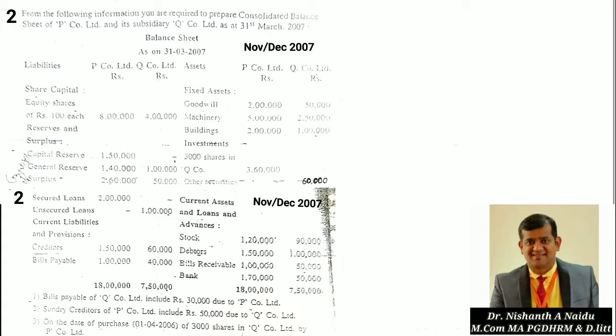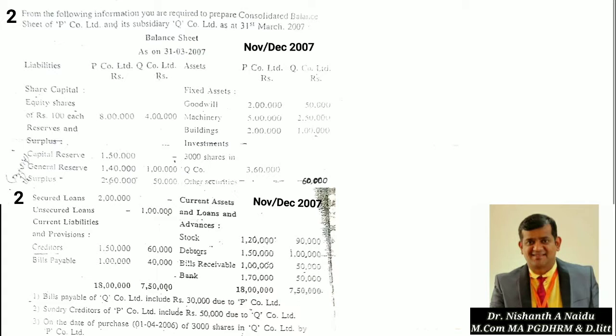Adjustment number 2: sundry creditors of P Company Limited includes rupees 50,000 due to Q Company Limited. See, adjustment number 1 and adjustment number 2, we should reflect as mutual transfers. Don't forget, we have to show it as a mutual transfer.